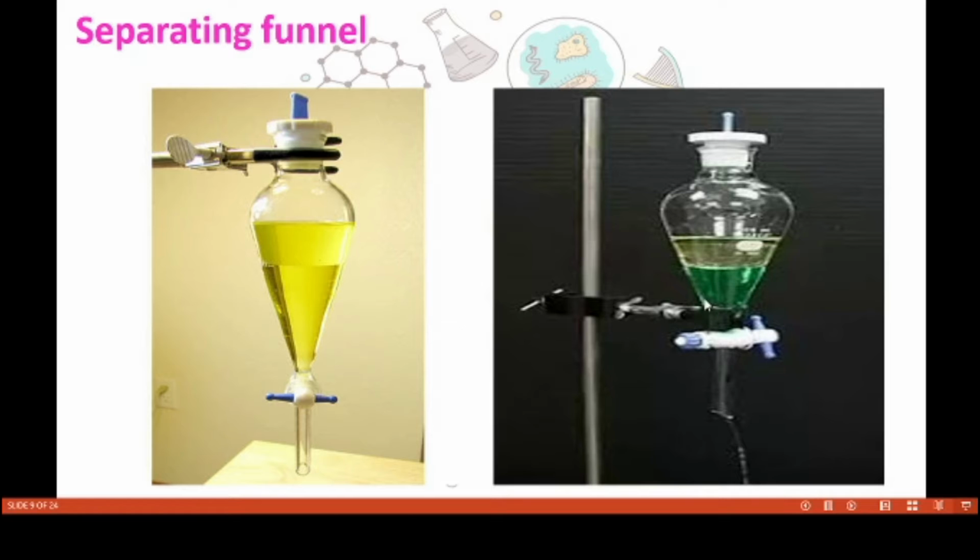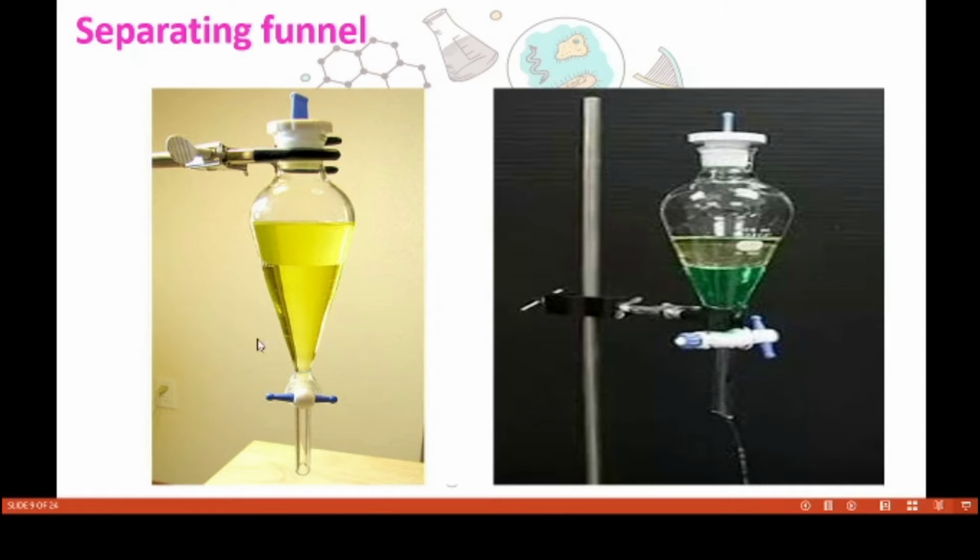Now we are going to discuss how to separate the components of mixtures by using the separating funnel. The mixture of two immiscible liquids is put in a separating funnel and allowed to stand for some time. The mixture separates into two layers according to the densities of the liquids in it. The heavier or denser liquid forms the lower layer, whereas the lighter liquid forms the upper layer.